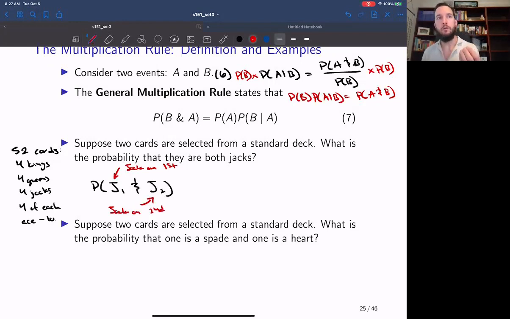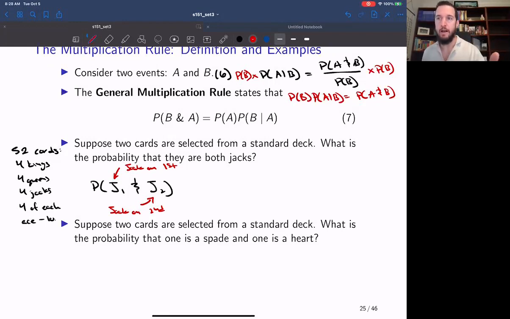The key though is that we are not replacing the card, right? So we're taking that first card out and we are leaving it out. So maybe it goes into a player's hand, or maybe we just put it beside the deck, but it no longer counts in our computation of the probability of the second jack.